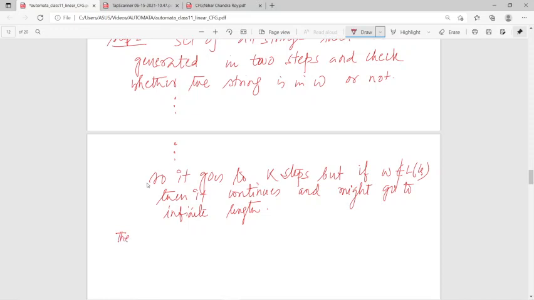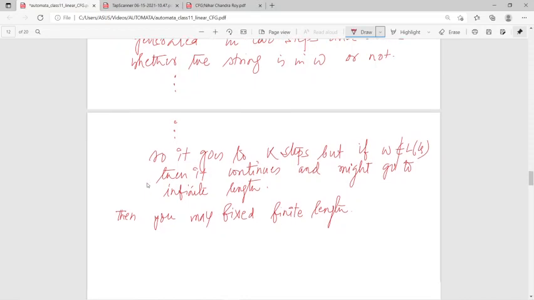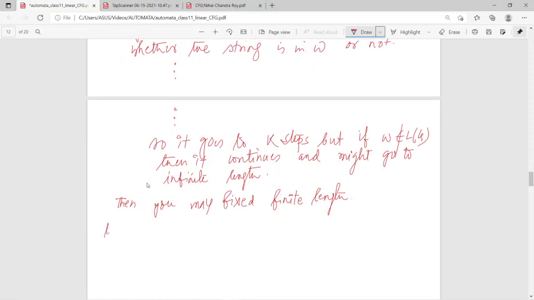That means it will go up to length 10 or 15, whatever you think. Then you fix a finite length. That means if the string length is 15, then your algorithm will stop. But there is also a problem.